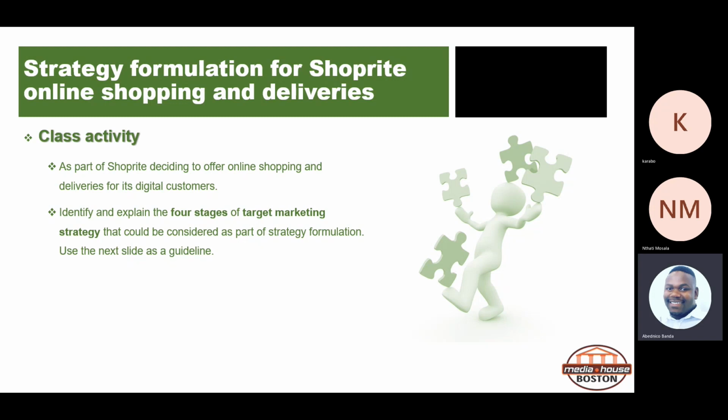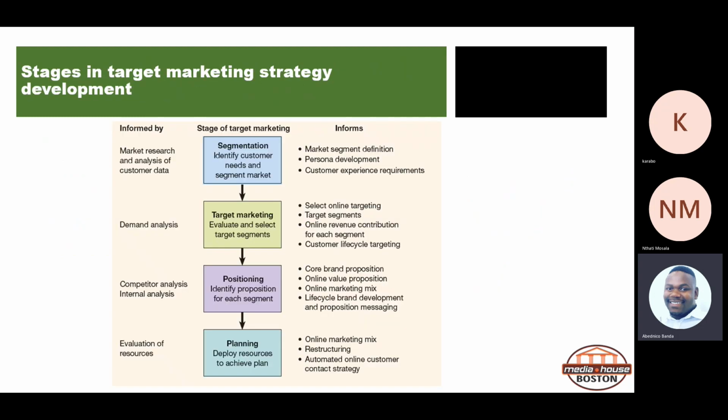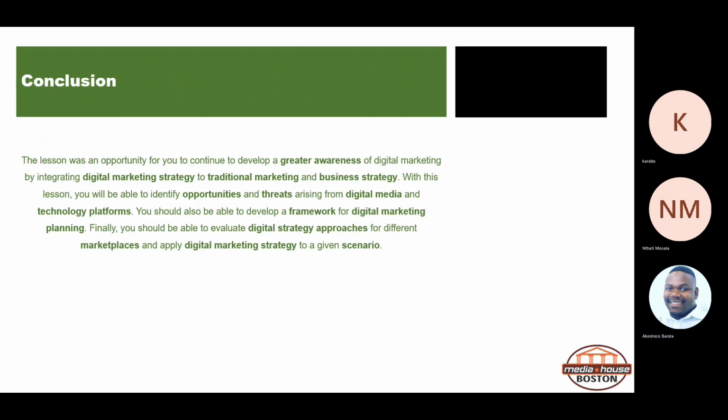So as part of ShopRite deciding to offer online shopping and deliveries for its digital customers, identify and explain the 4 stages of target marketing strategy that could be considered as part of strategy formulation, and use these slides as a guideline.